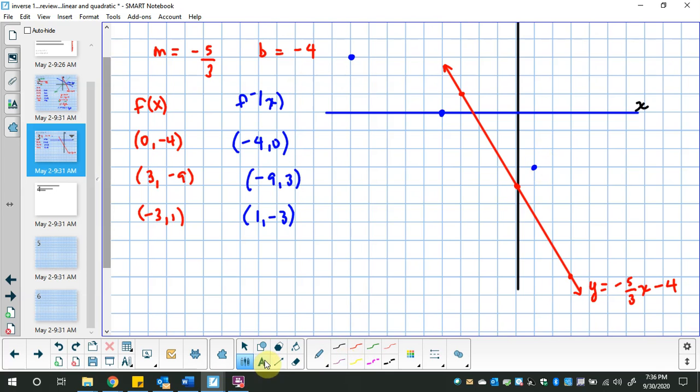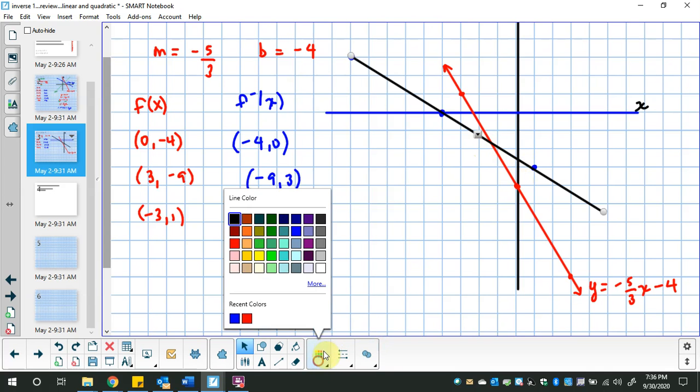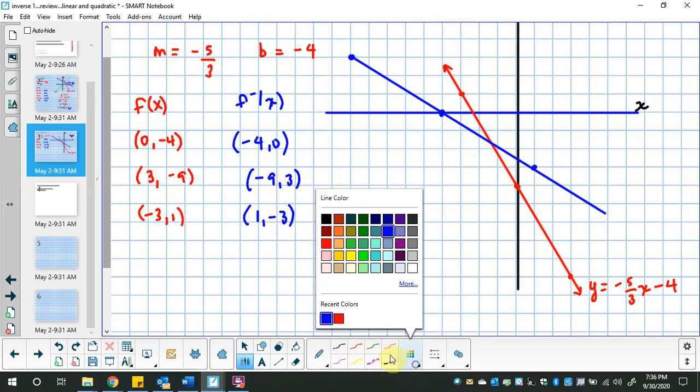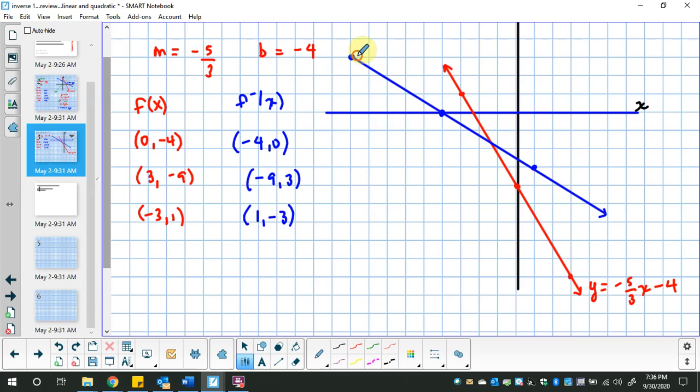And if I connect those ones and turn them blue, that will be a really good picture of the inverse. And I'll need a label for that, which we'll get to in a sec.